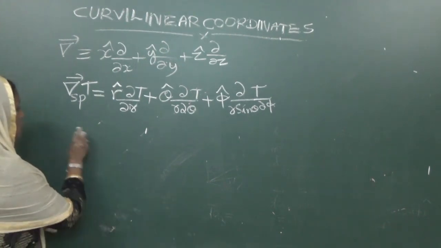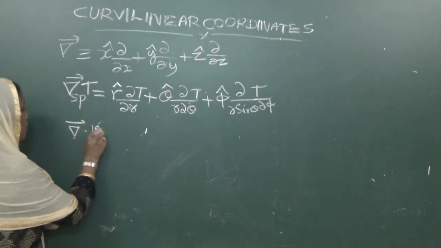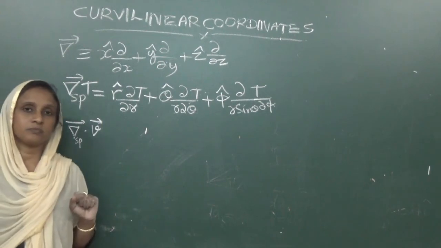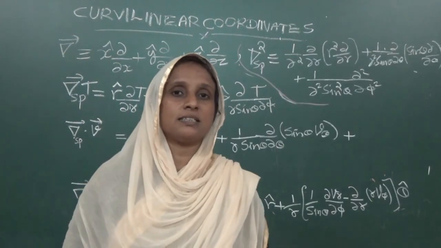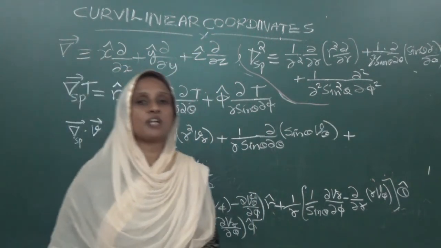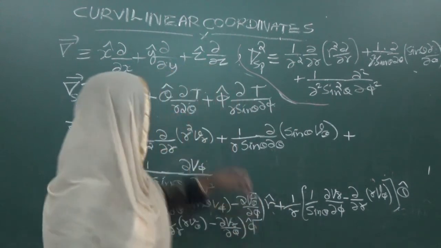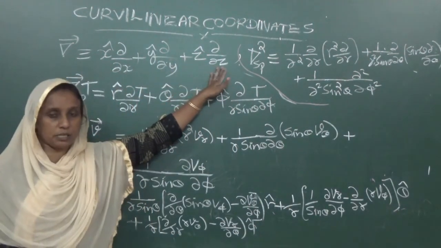Similarly, if you want to find divergence in spherical polar coordinate system, you can write the different differential operators using spherical polar coordinates. The first one is the gradient operator. Here it is shown in Cartesian system.